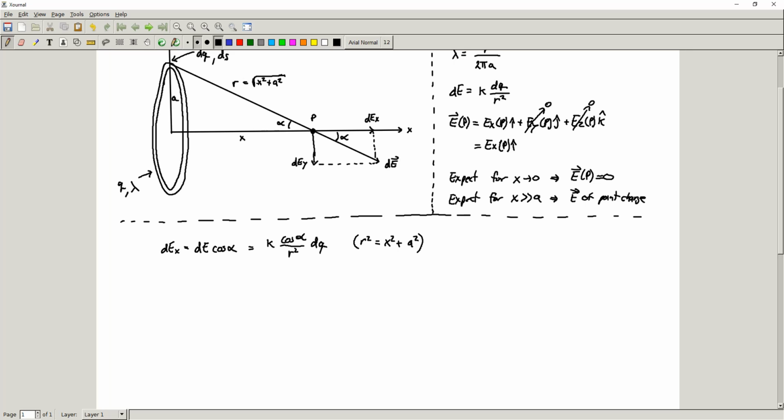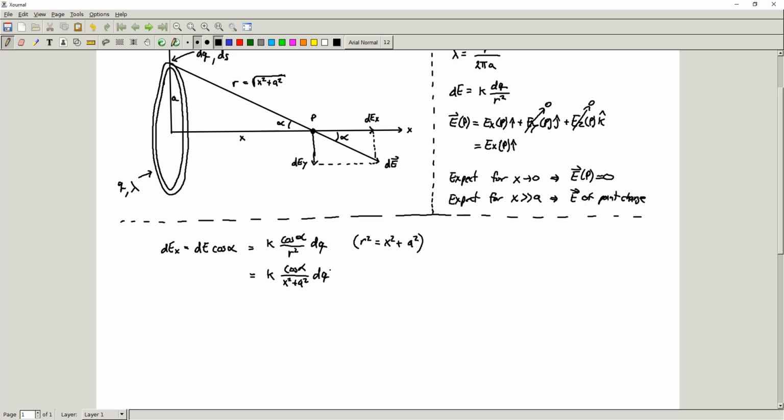And so we can make that substitution. We can see that this is going to become k cos alpha over x squared plus a squared dq, okay?